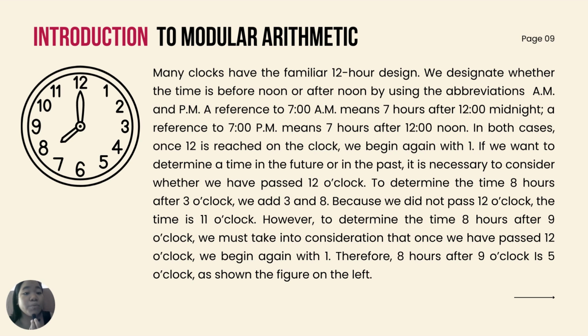So if we want to determine a time in the future or in the past, it is necessary to consider whether we have passed 12. If the clock is already past 12, that is already noon or PM.